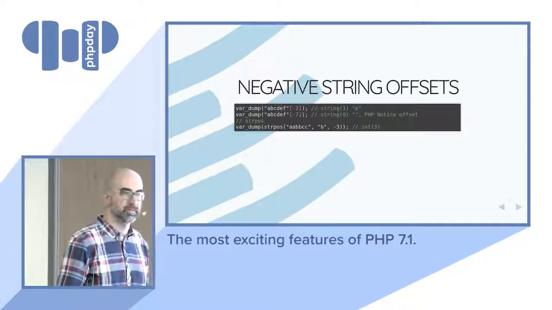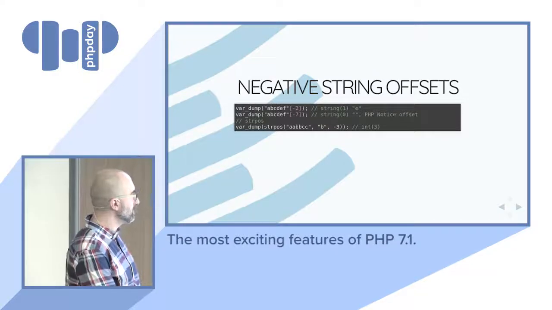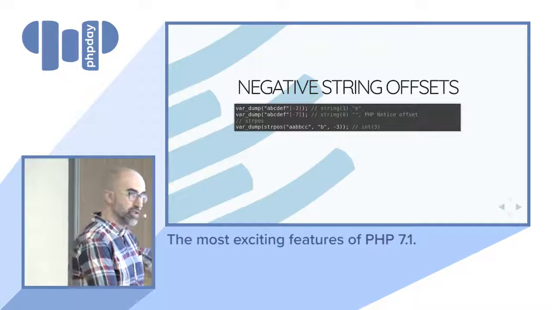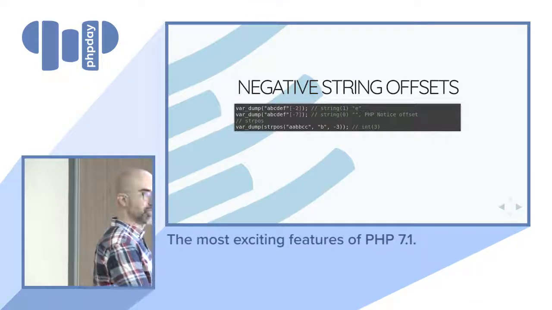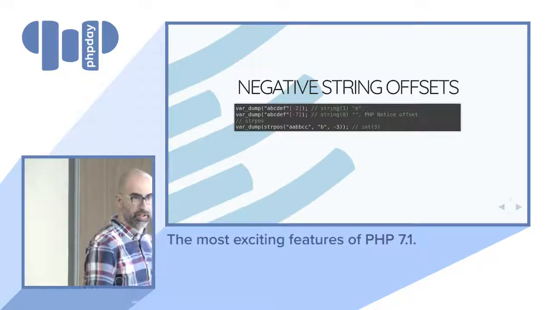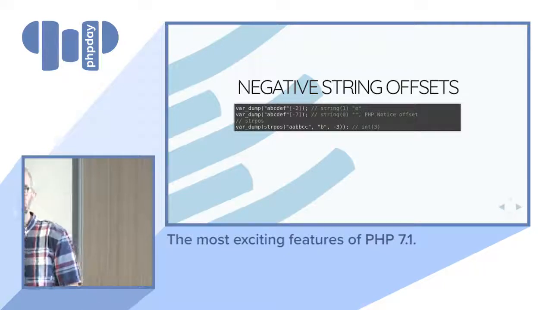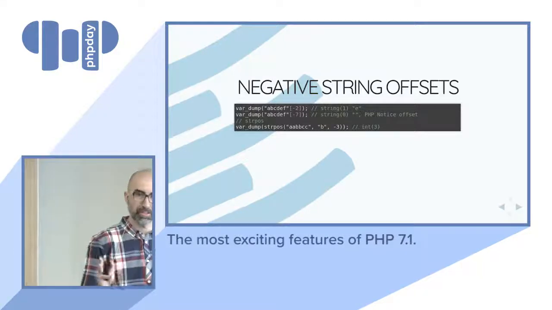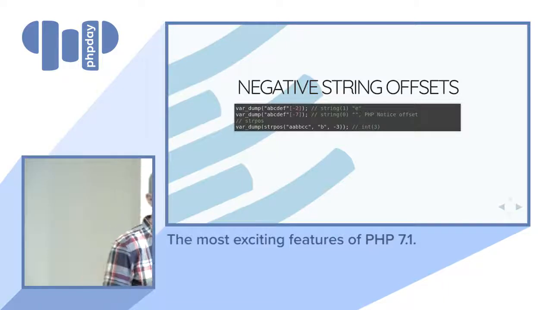It's 3. Why? Because we start from -3, and the first occurrence of B is B itself, but we are getting the position, so we count from 0: 0, 1, 2, 3. So 3 is correct. It's nice, but be careful because it can be tricky.